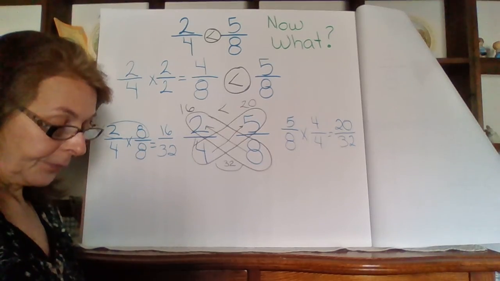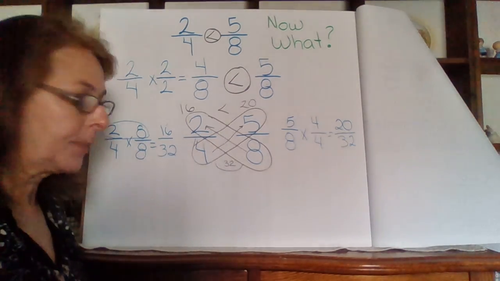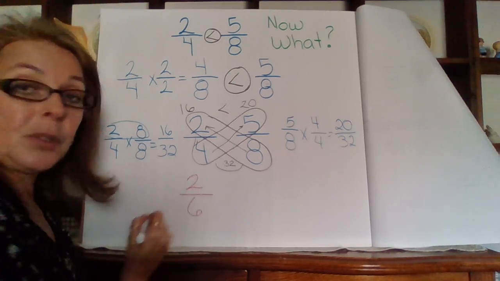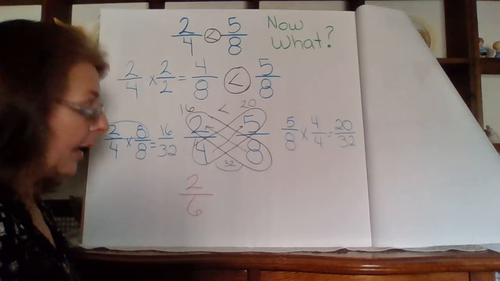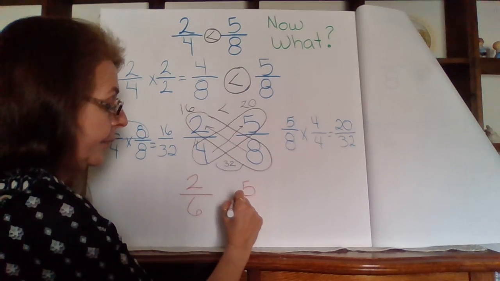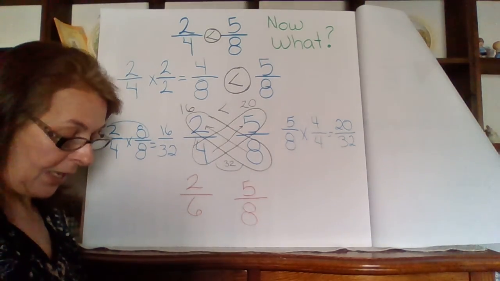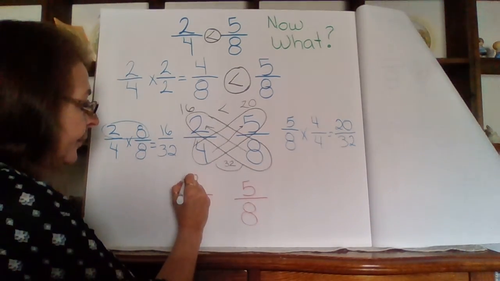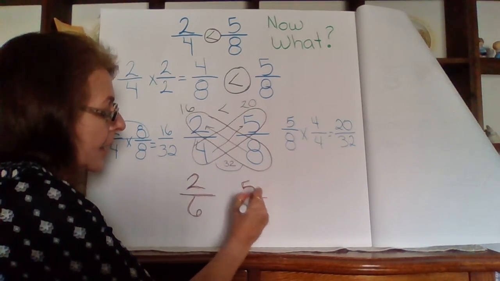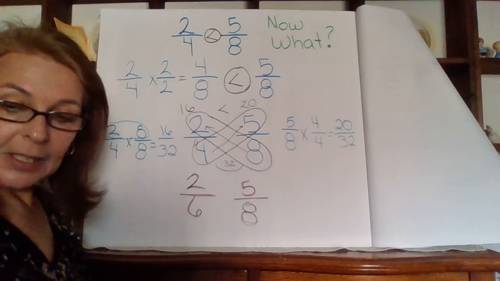So let me show you the shortcut, and I'm going to pick two new fractions for this. Let's use 2/6, then we'll keep 5/8. So this time, our fractions are 2/6 and 5/8. Now, if I use the butterfly method, here's what I'm going to do.